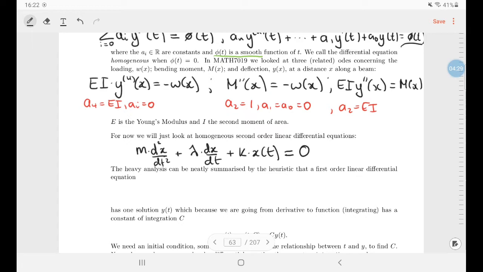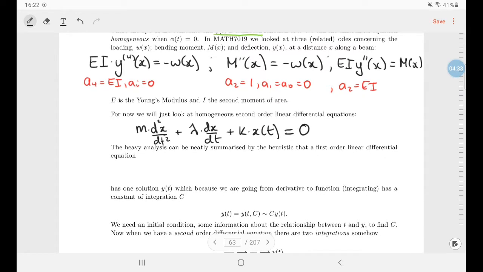So the heavy analysis that we're going to look at basically says, if you've got a first order linear differential equation, which would be like a times dy/dt plus b y of t equal to 0, this has only one solution, right?